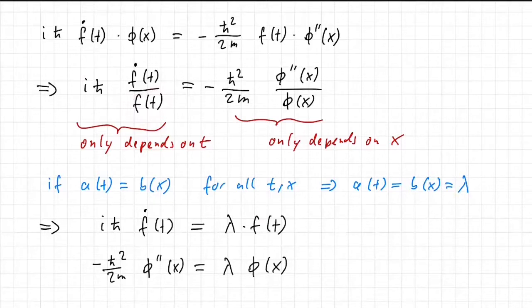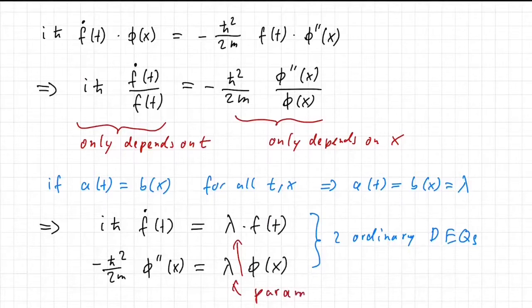That's nice because what we have here are just two ordinary differential equations. They just depend on a single variable, and these are exactly the kind of differential equations that we solved previously. This separation into two normal differential equations, however, also comes with a price, namely this parameter lambda.